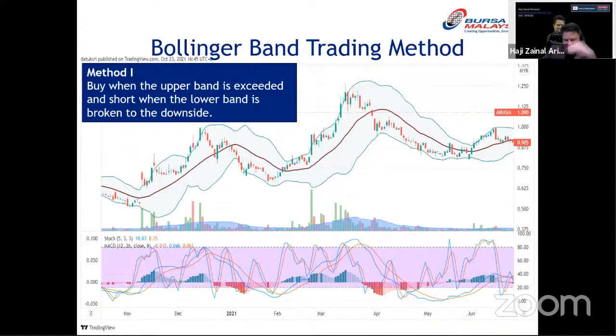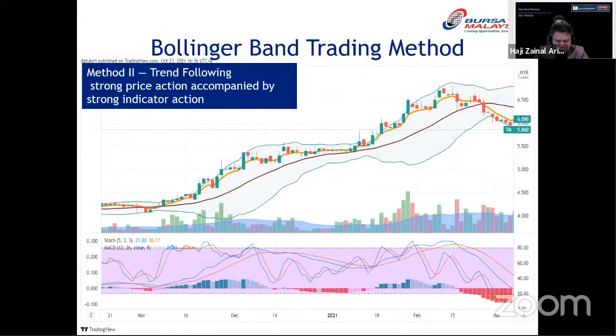If you remember, one is the price exceeds the band. That shows that it is overextended, and that is where we ride on that. And for the downtrend, for example like this, the price hits the lower band and keeps on dropping. This is method 1.